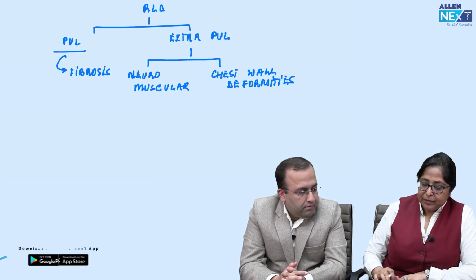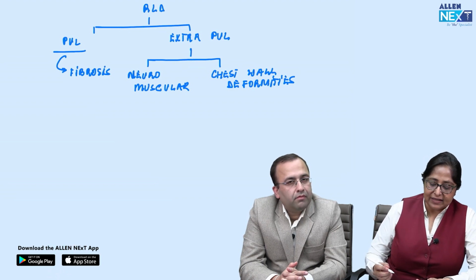Now, what is going to happen in restrictive lung diseases? What is the flow volume curve that you're going to get? This is my normal flow volume curve. In restrictive lung disease, we find that the curve is something like this. What has happened?